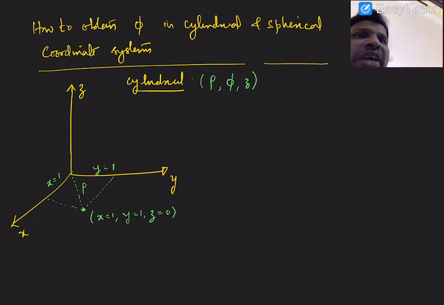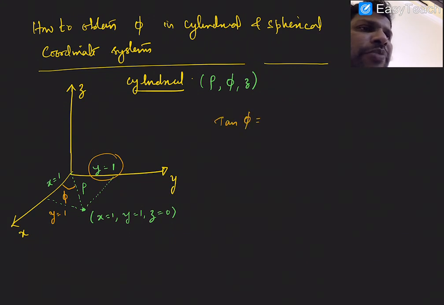So in this case, the angle phi is defined with respect to the x-axis, and this is your angle. Now you know that this is y, so this distance also will be y. So tan of phi will be y over x, or tan inverse of y over x will give you the value of phi.